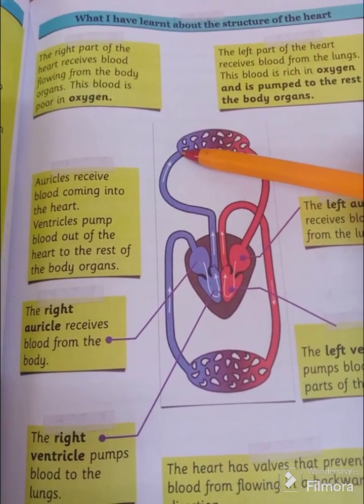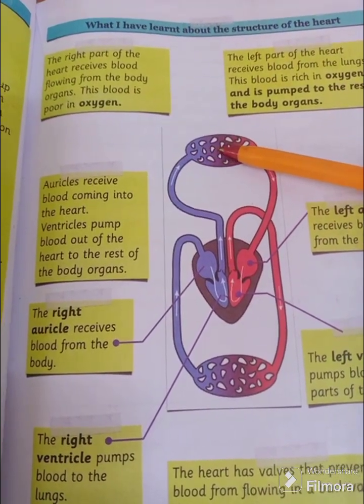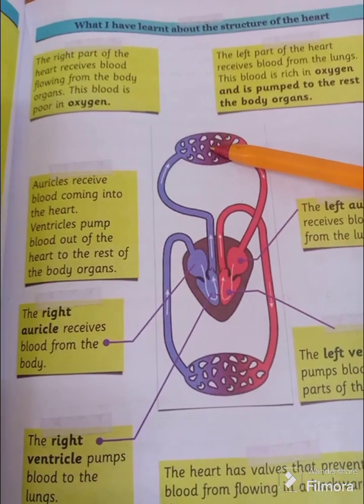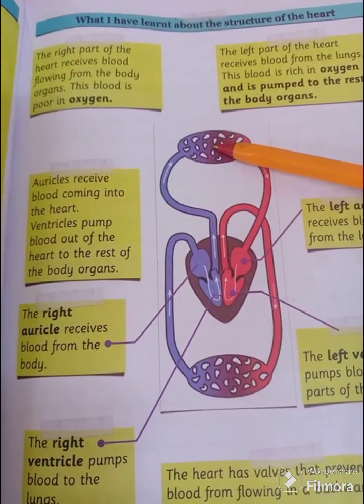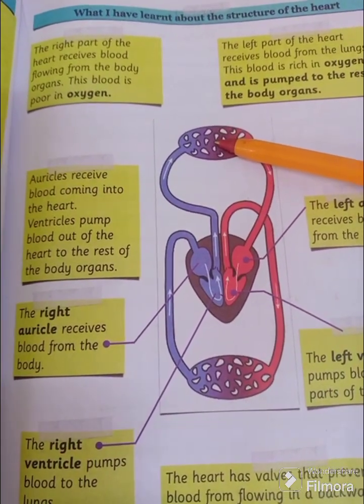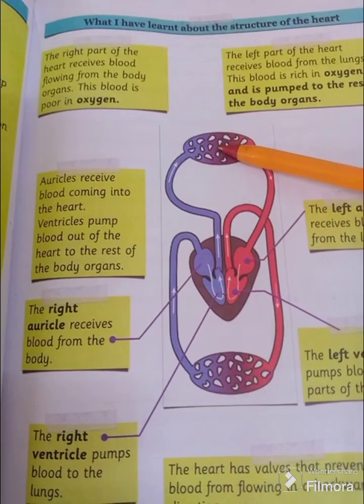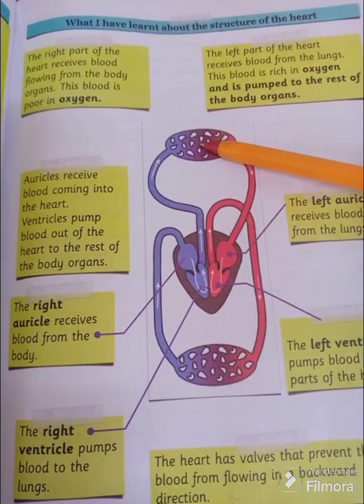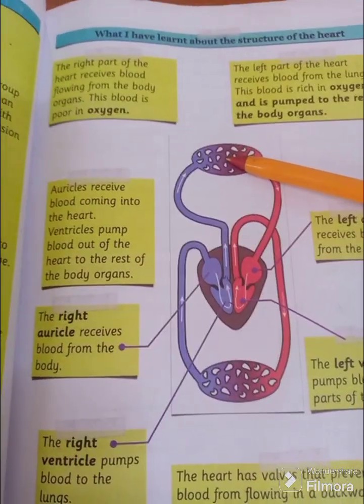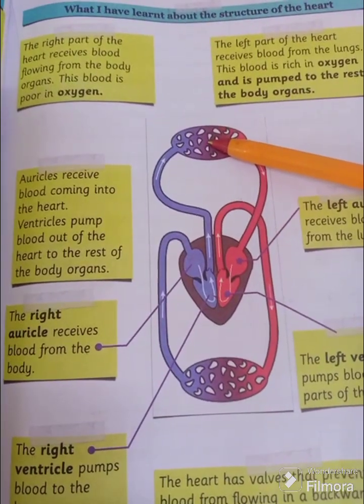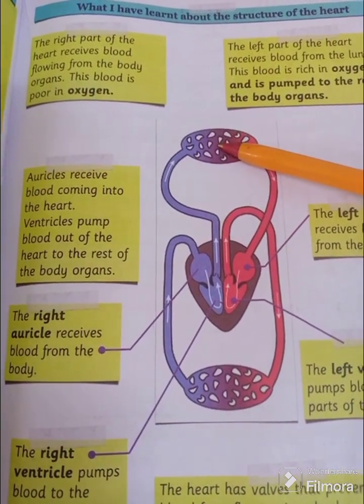Remember, arteries carry blood away from the heart, so it will pump blood to the lungs through the pulmonary artery. And this pulmonary artery is the only artery which carries deoxygenated blood.